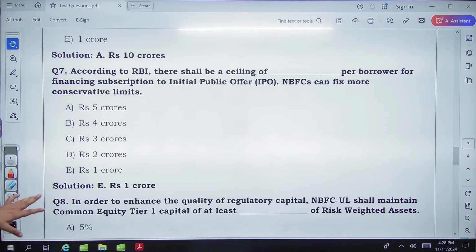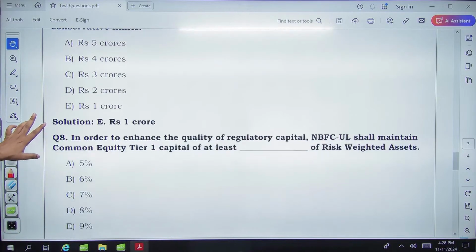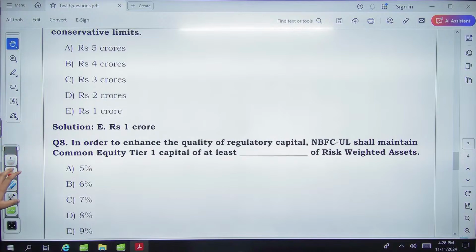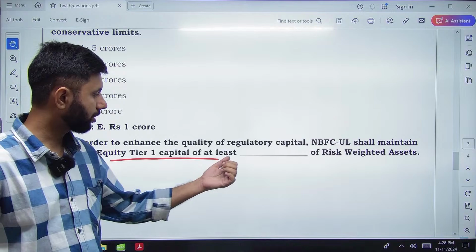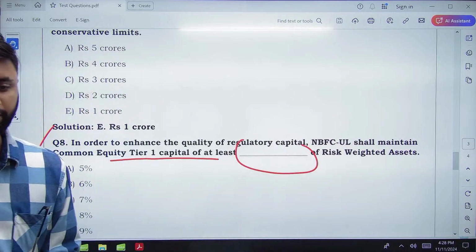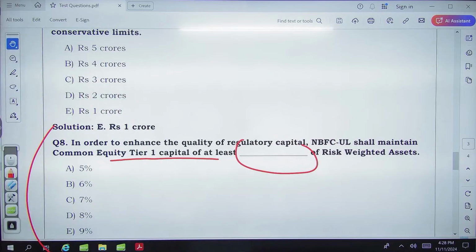चलिए. Next is, in order to enhance the quality of regulatory capital, the NBFC upper layer shall maintain common equity tier capital of at least how much percentage of risk weighted assets?